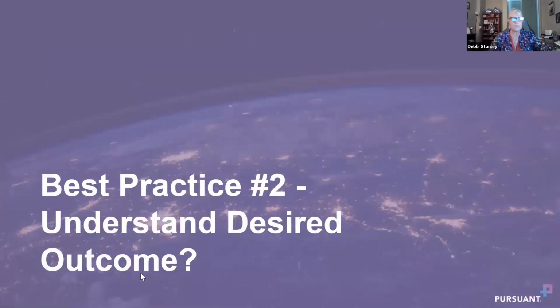Okay, best practice number 2: understand desired outcome. What does that mean? We know there are common threads and themes on why people give to your organization: an affinity, social desires. They want to make a difference in their community.